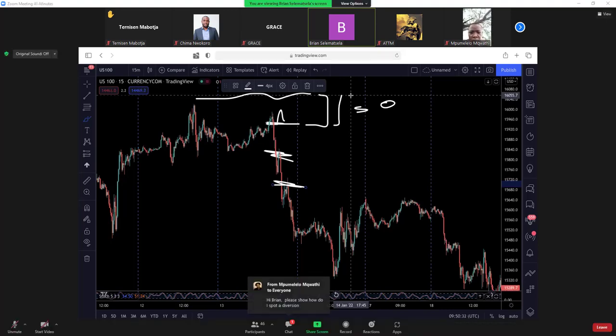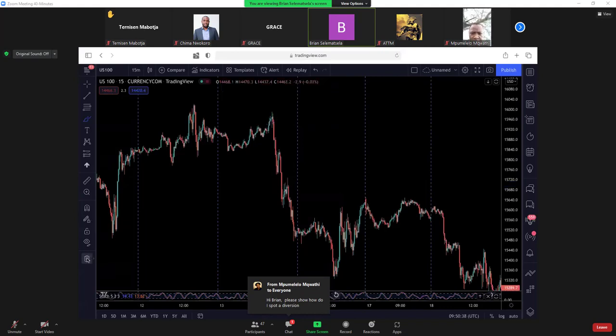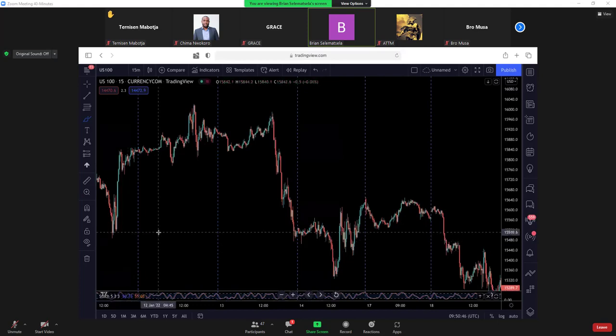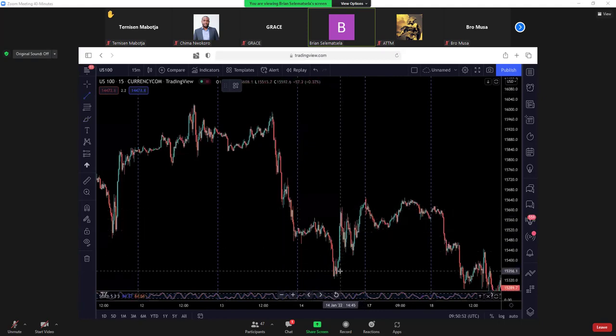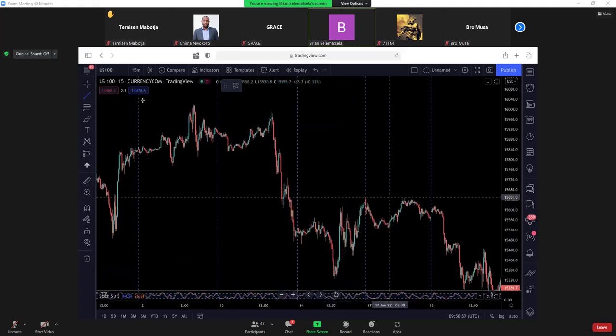Okay, then if there are no questions, I'll start breaking down the strategy so that everyone can really understand. I'm seeing something here which can help. I'm on 15 minutes; if you go to about 1 hour, you will see this is a minor pullback.